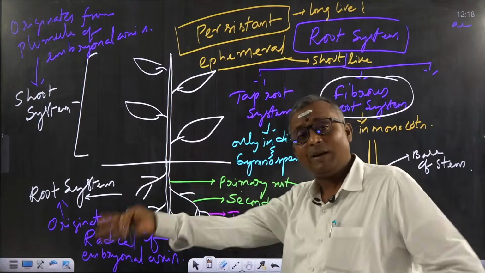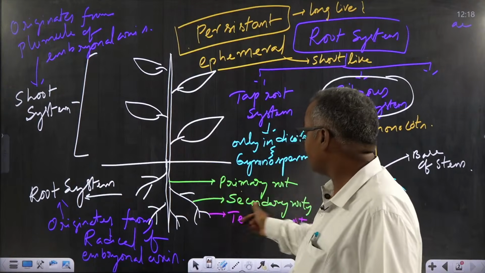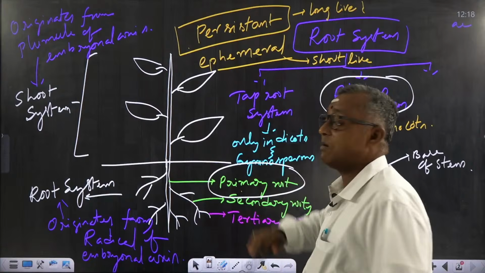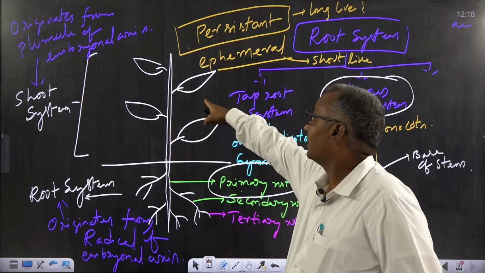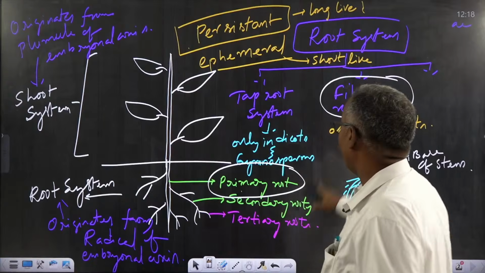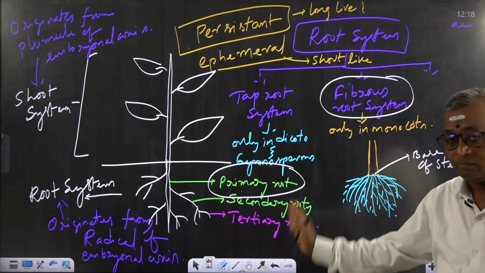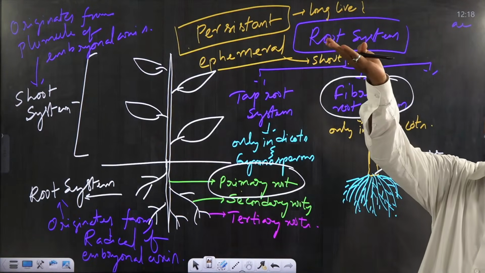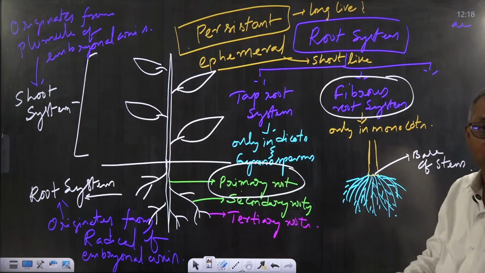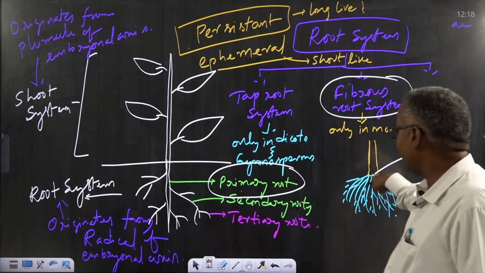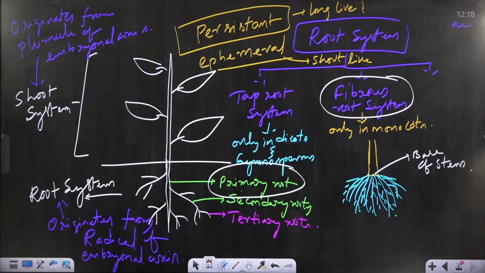But in dicots it remains, in the form of the primary root. In monocots, the primary root, that is the radicle, degenerates. Then many identical roots form from the base of the stem. Hence, it is called a fibrous root system.